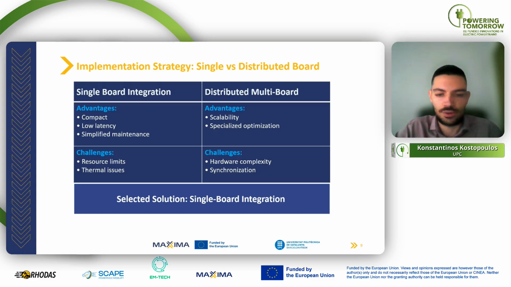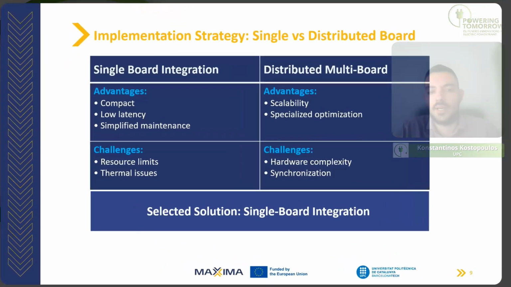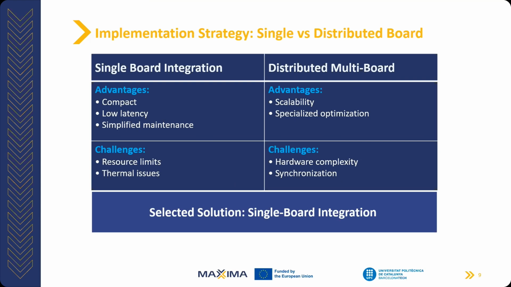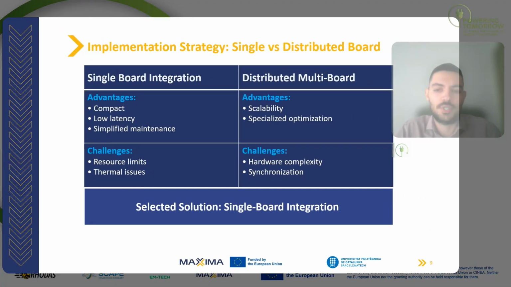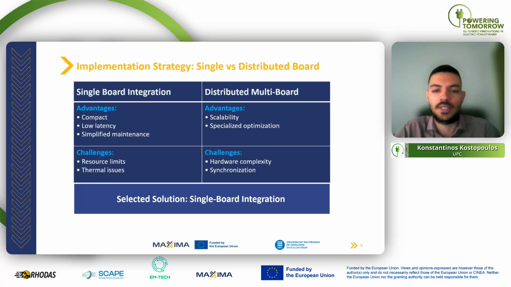Then we have option number 2, which is the single board integration, and here basically we are using only one board, and we will implement all the 3 models that we have in a single board. The advantages here are, first of all, that we will have one processor, one cooling system, and one power supply, and the design will be more compact.